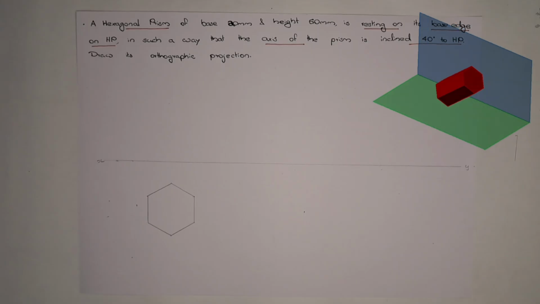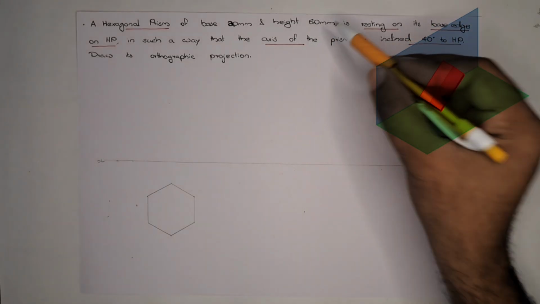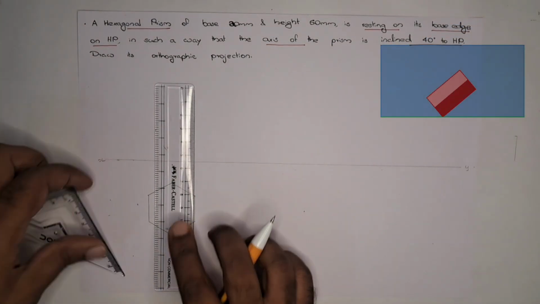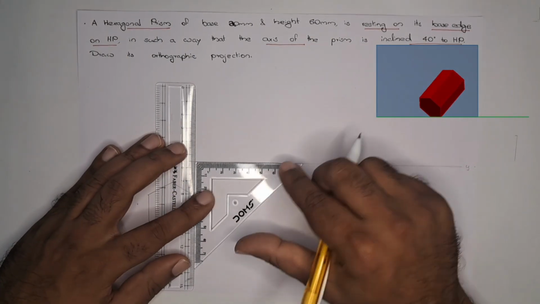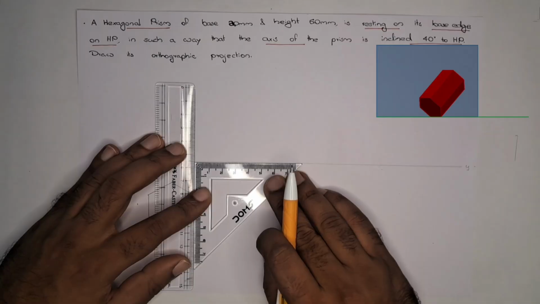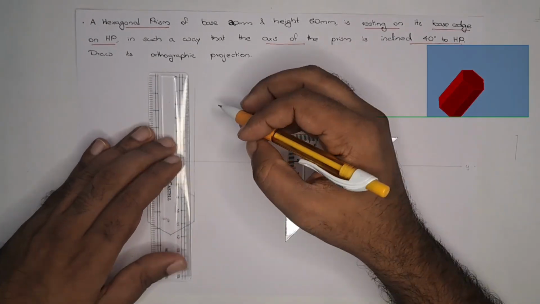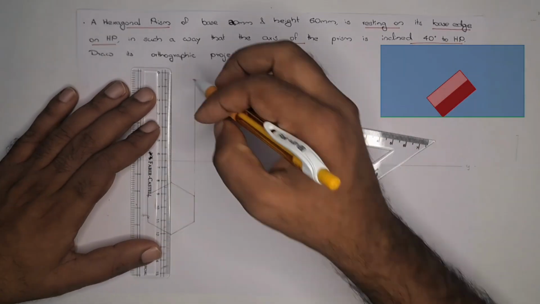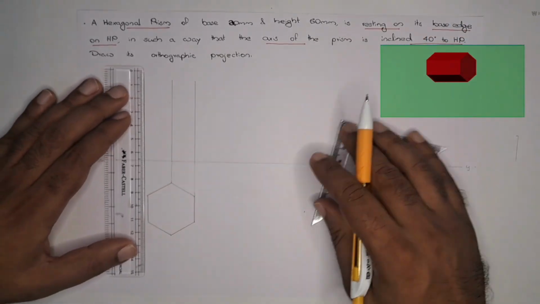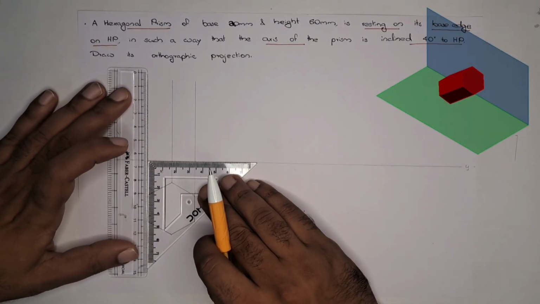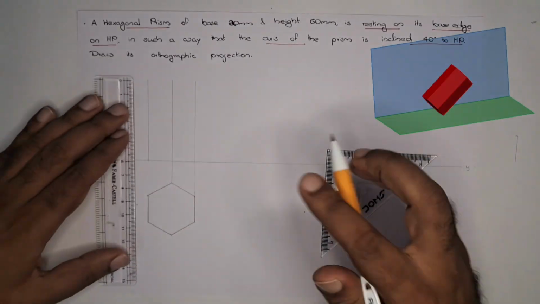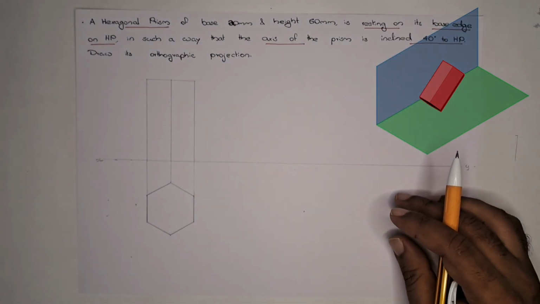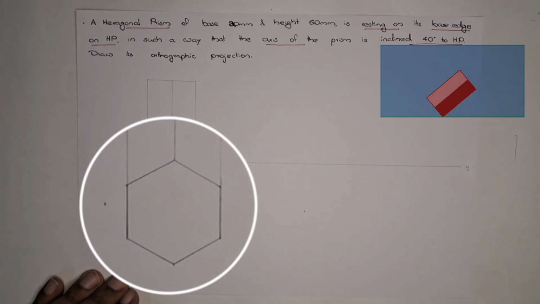Now we need to draw the front view of the prism, which is height 60 mm. Now we need to name the points.